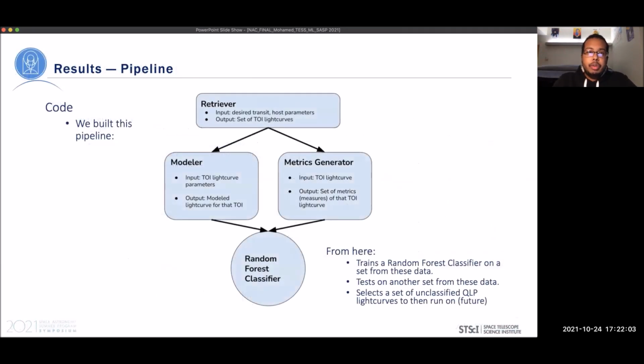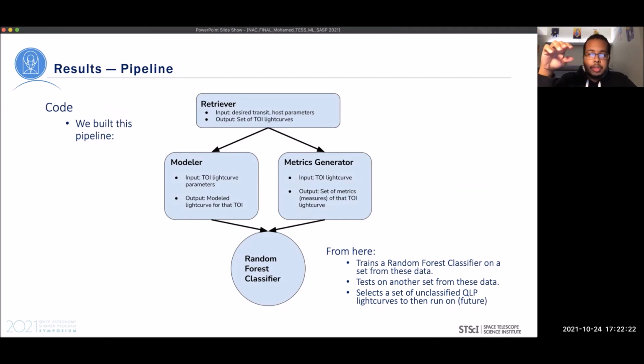So the first thing we did over the summer was we built a pipeline that, if you wanted to apply a similar approach and use our pipeline, can take a desired set of transit and host parameters. Say you wanted big stars, like let's say A stars, you can tell us that and we'll retrieve that data for you and we'll get those light curves.